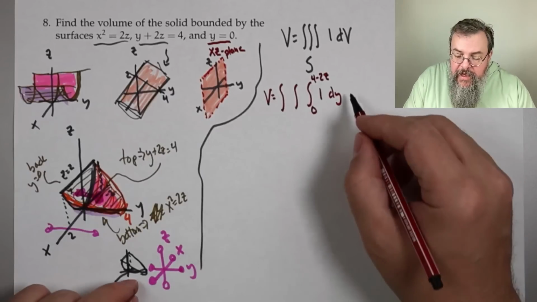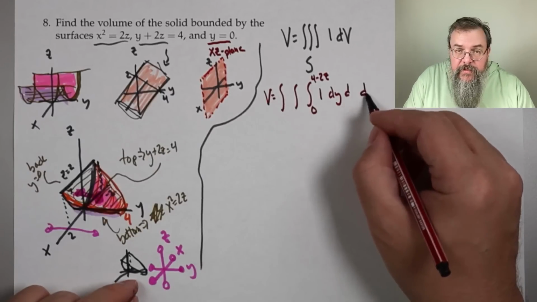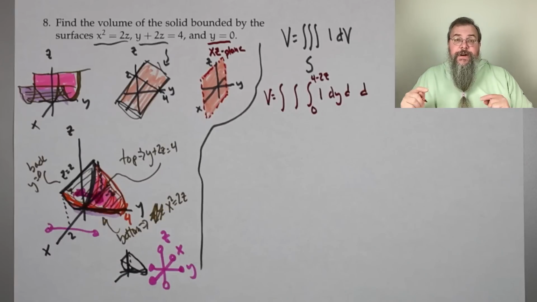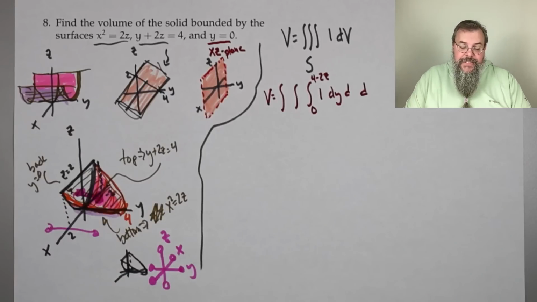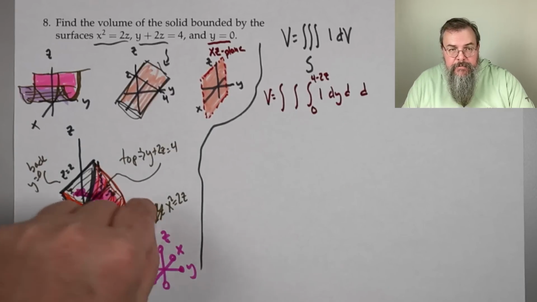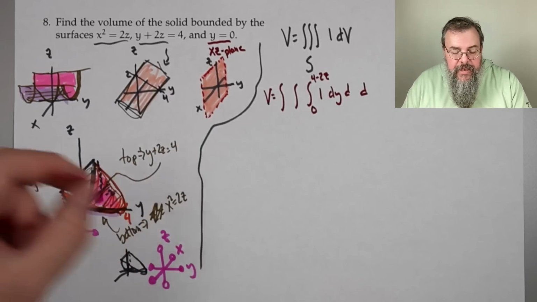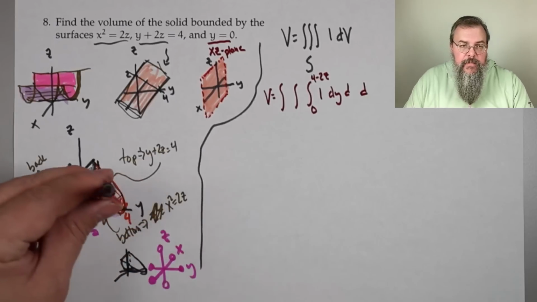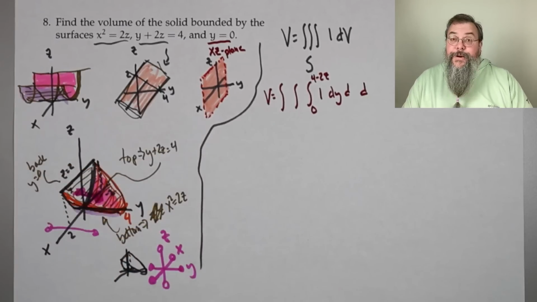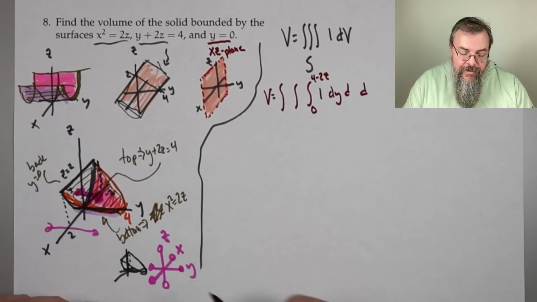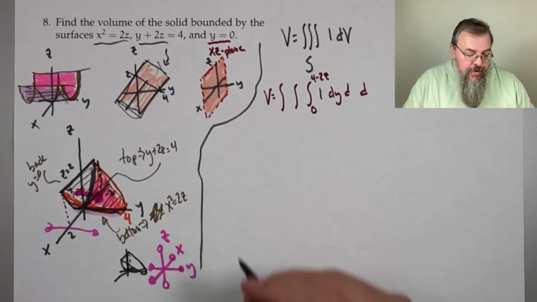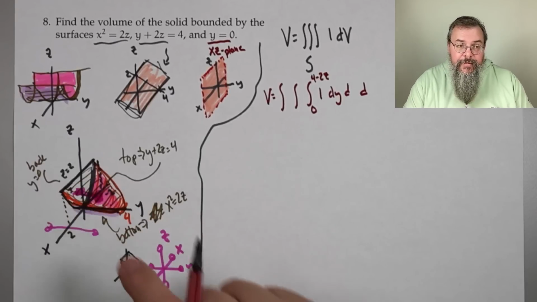Okay, now we still have more layers to figure out. To figure out our next layers, let's look down the y-axis. So we pick this up and look down the y-axis. What do you see when you look down the y-axis? Well, you're going to see that parabola.